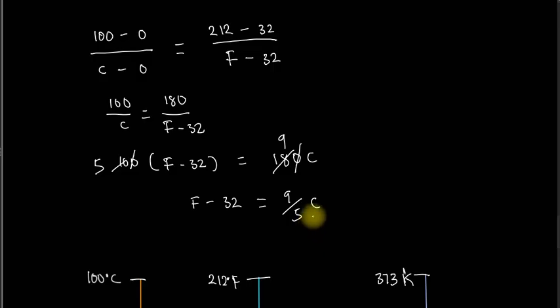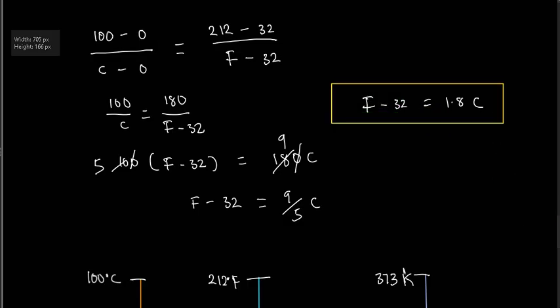Or another way we can do it is, instead of cancelling and dividing to the lowest term, 180 divided by 100 is 1.8. So we can just have F minus 32 is equal to 1.8 Celsius. So this is the conversion formula from Fahrenheit to Celsius.